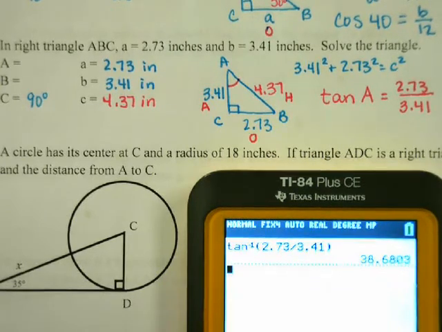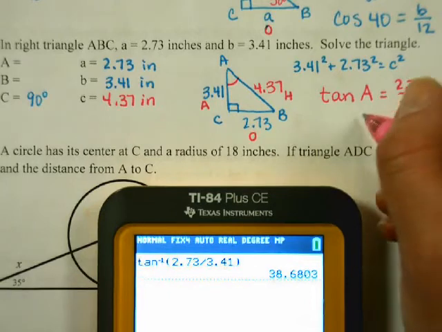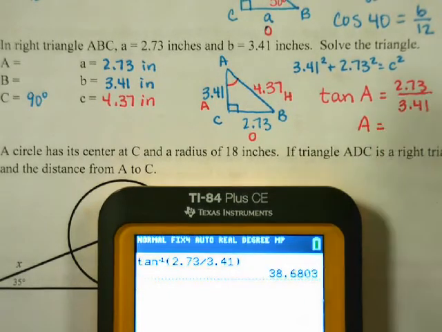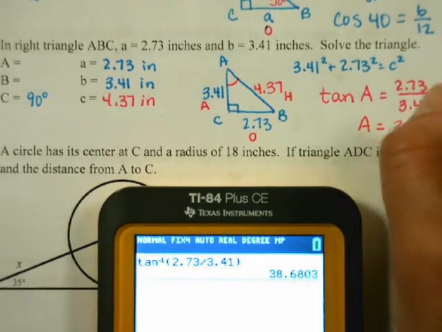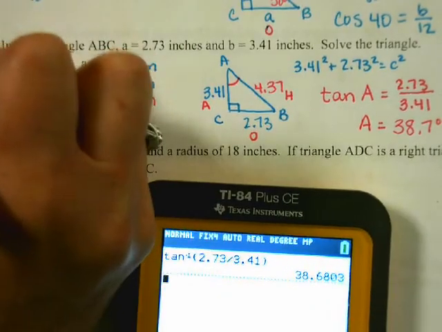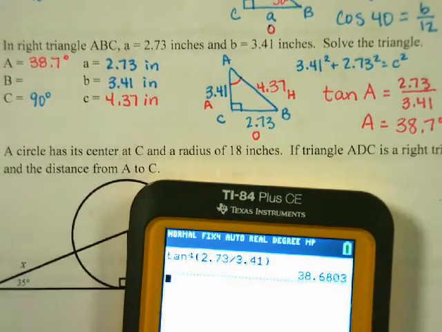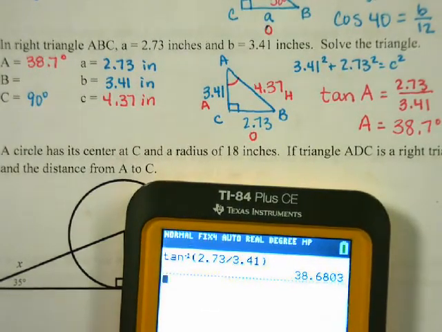So if we're using 3 significant digits, what's angle A? 38.7 degrees. Okay, don't work too hard to find B. What do you want to do to find B?